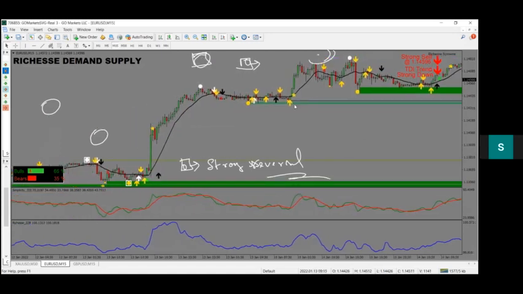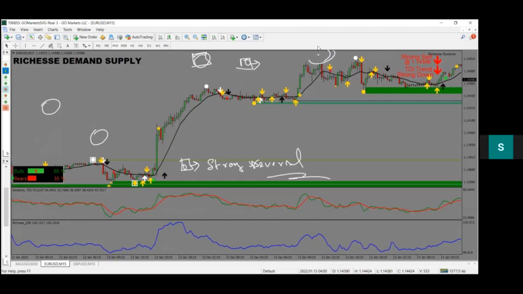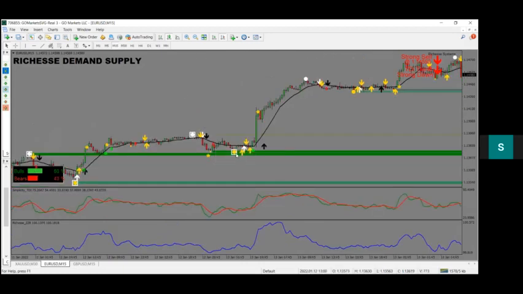Let's go backward. Clear all the drawings first. Now see this area. This is a strong reversal area. See, it is also a strong reversal. It was also strong, but it retraced. It's also a strong one. This was the mild one.